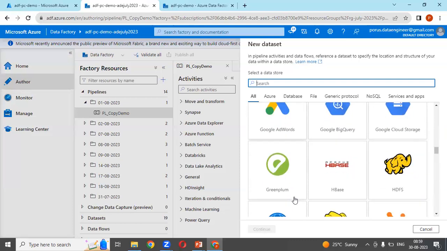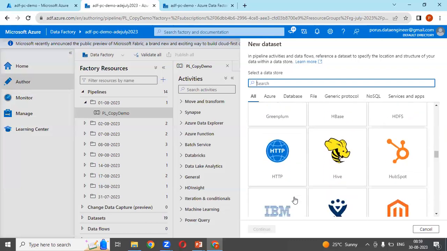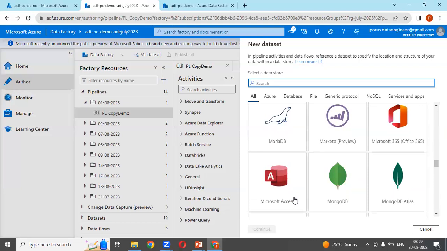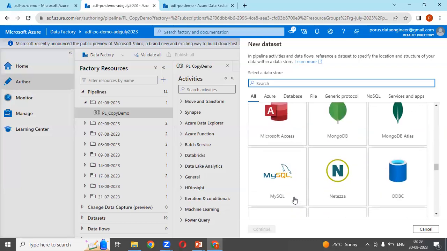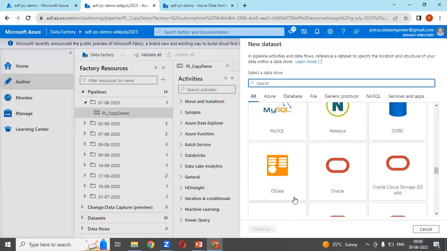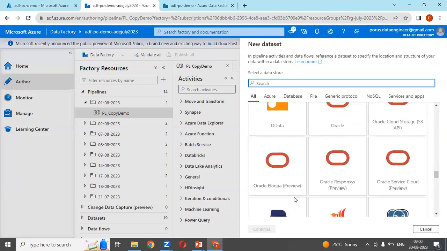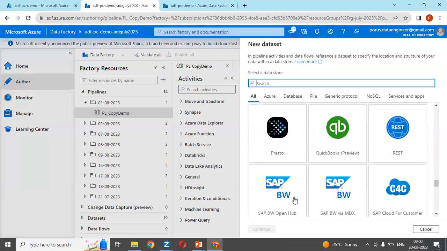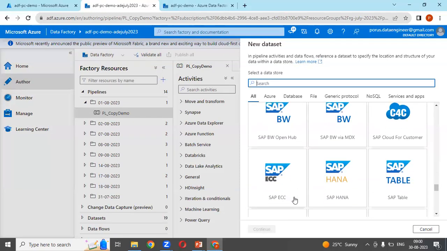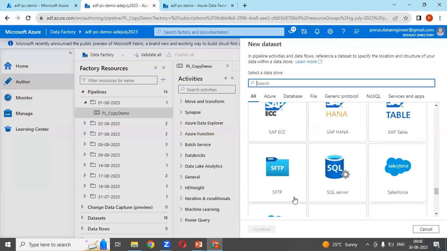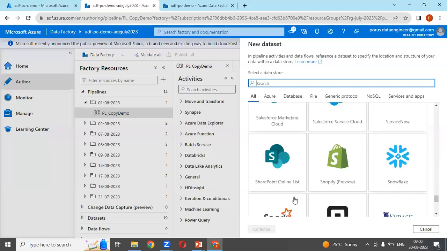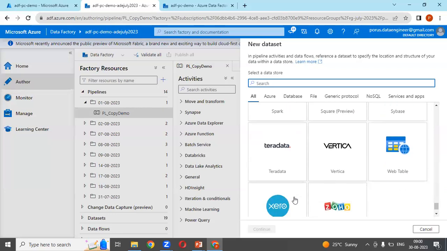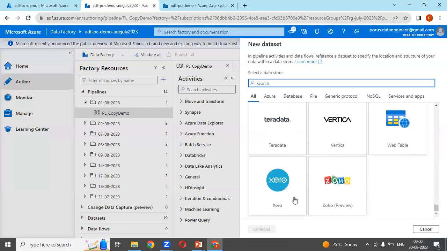Dynamics, FTP file system, HDFS, HBase, HTTP, Jira, Informix, MariaDB, MongoDB and Atlas, MySQL, Oracle Cloud, Oracle Responsys, these are all Oracle technology, Postgres, REST API, QuickBooks, SAP, SAP Table, Salesforce, SQL Server, of course, Snowflake, Spark, Sybase, Vertica, Web Table, Xero, and Zoho.